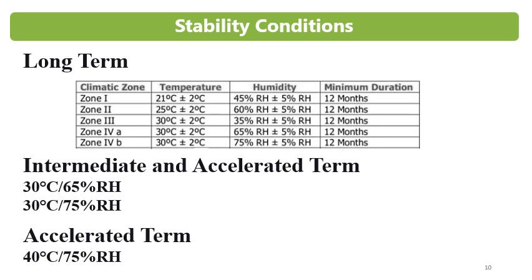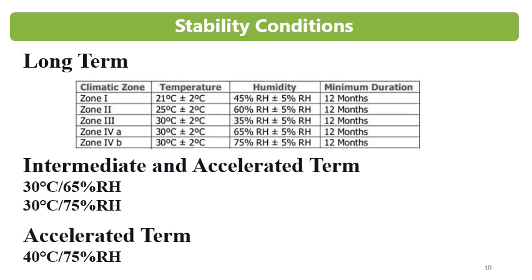So zone 1, zone 2, 3, 4A and 4B. Here the temperature ranges are given and humidity levels are also given. But generally whenever you are developing a product for global market, or you want to extend the product for different markets, at that time consider the 4 conditions for stability loading.